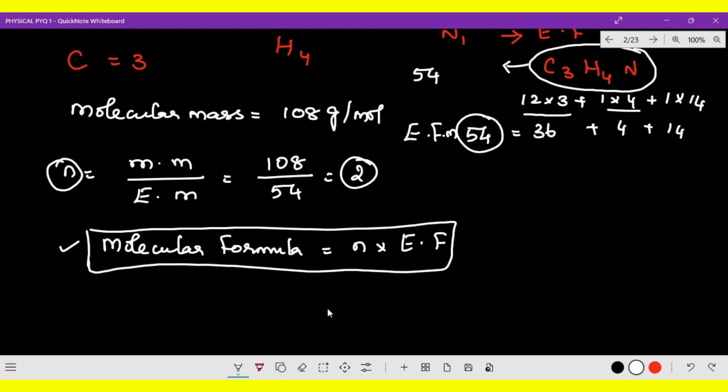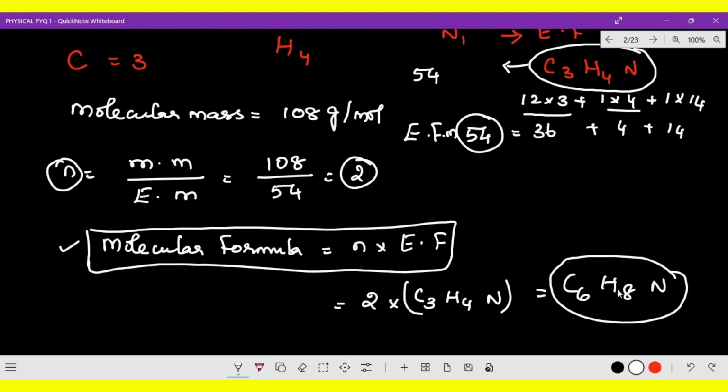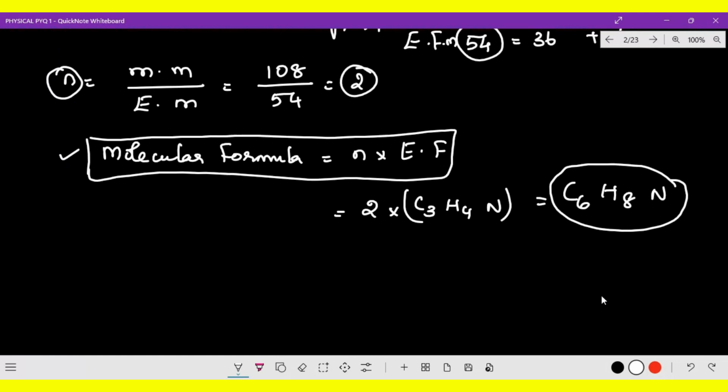So molecular formula equals 2 into C3H4N. This is a whole number ratio, right? So you will get C3 into 2, so C6, H8 and N2. Now you just calculate that complete molecular mass.